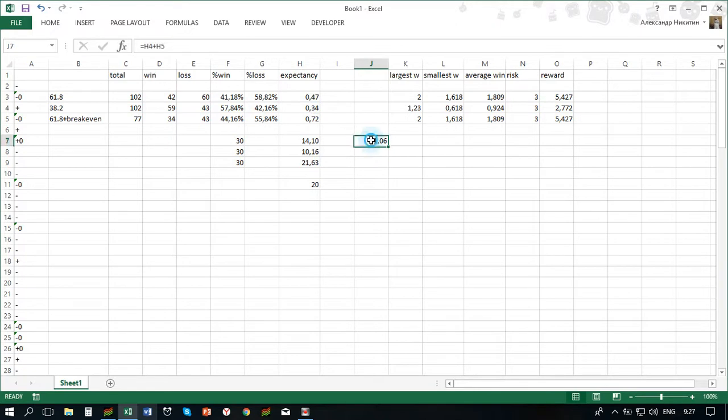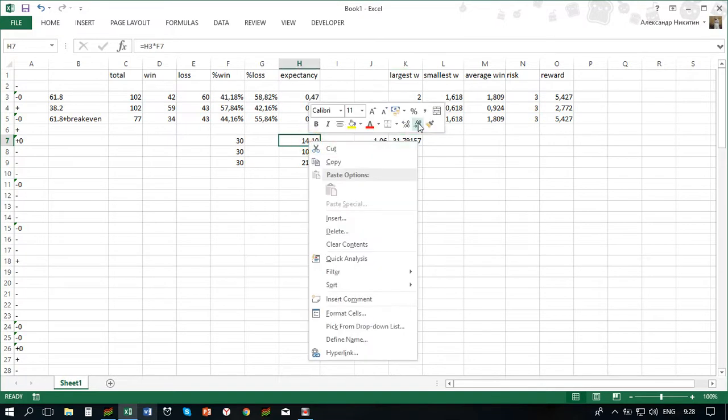Your total expectancy is 1.06 on every trade, and your result will be calculated this way, multiplied by your monthly number of trades, 30, yes, let's say 31. You see radical improvement, extremely radical improvement.